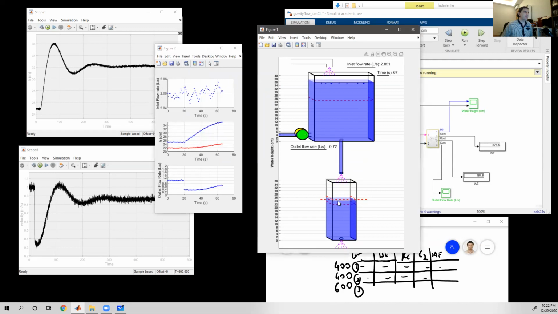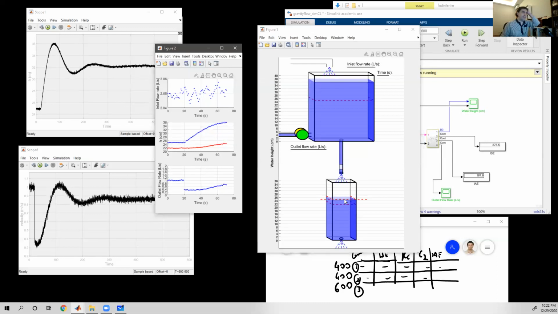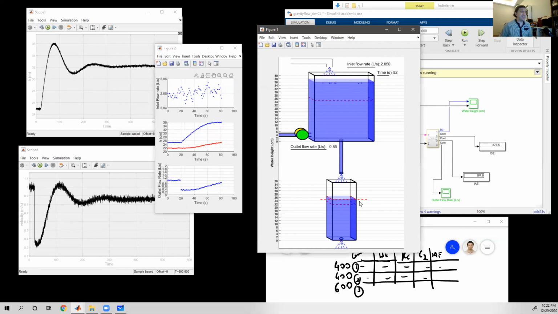All right, we are close to that value here. Now we reach almost the set point. Outlet flow rate is smaller compared to the initial value, which it should be. Now a perfect control would have been to stop here, but with PI control, unfortunately, it's pretty much impossible to obtain that.